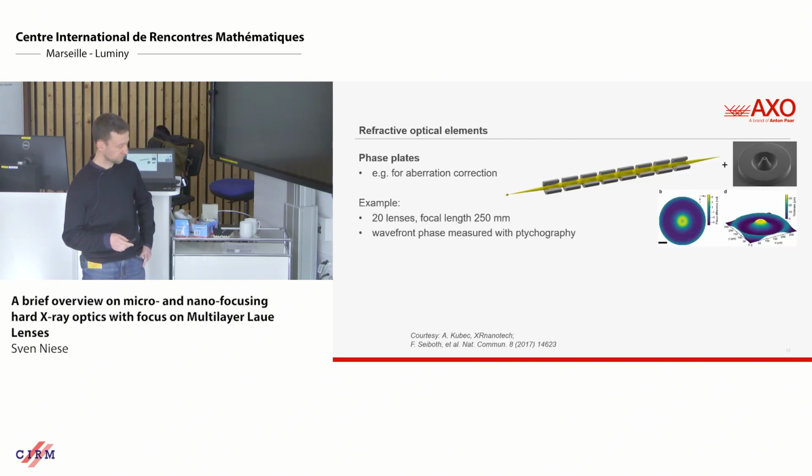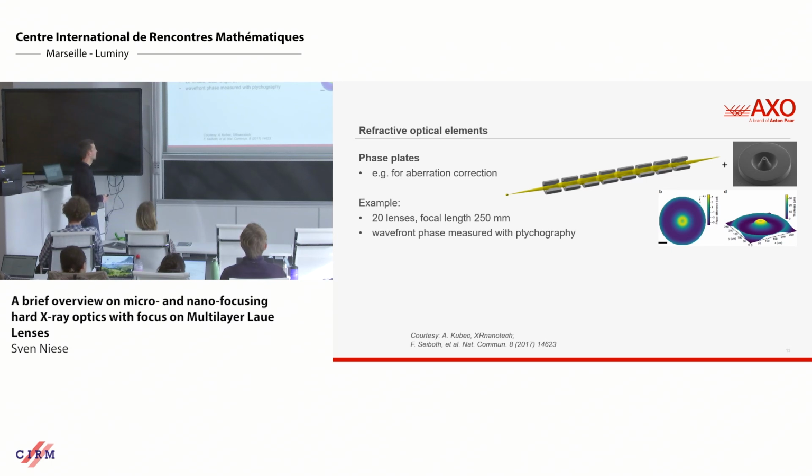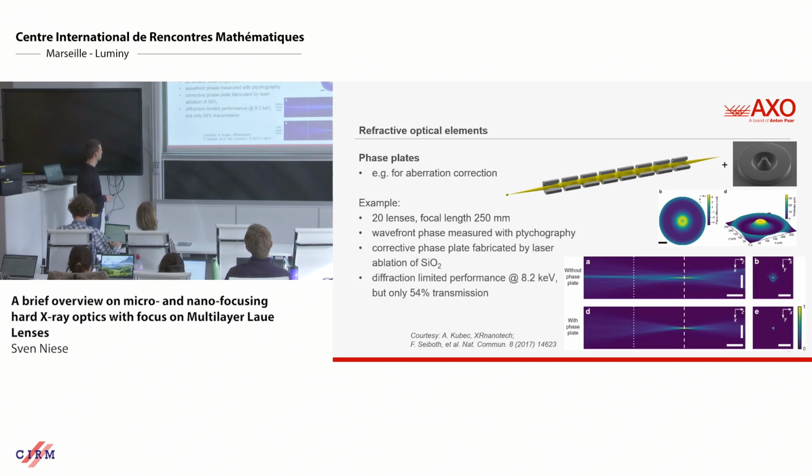Phase plates also operate in kind of zero or weak refraction, so you may use them for aberration correction. If you have a set of those CRLs and the focus is not as good as it can be, you can measure the wavefront with ptychography, calculate how a correction phase plate needs to look, and then introduce this into the beamline.